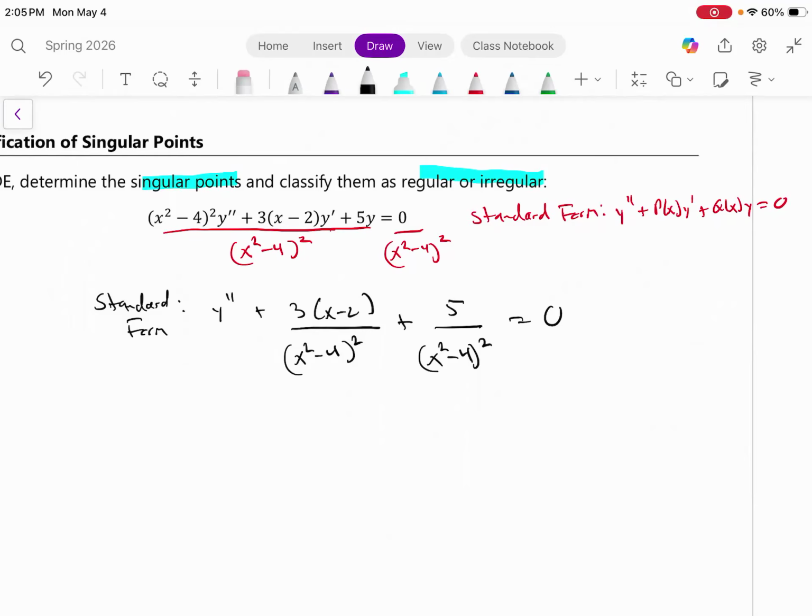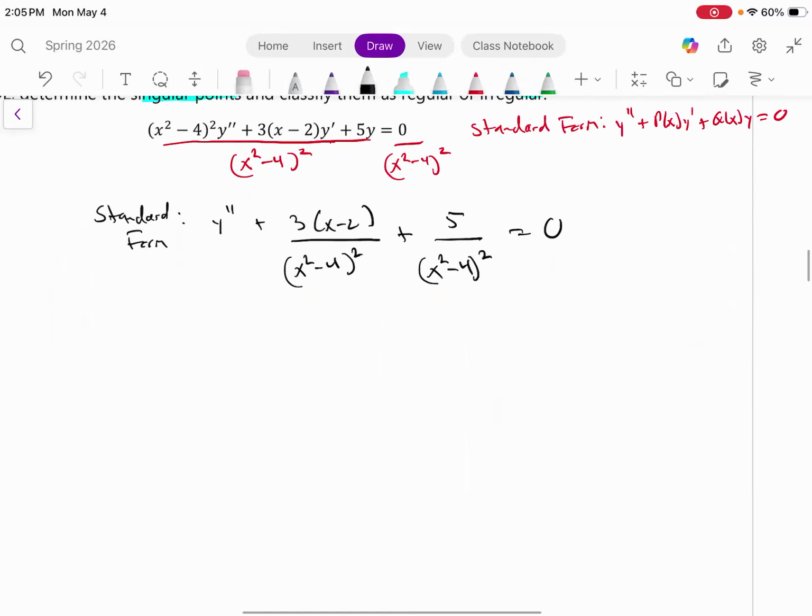Okay, so let's see. We can actually break this down a little bit more. Y double prime plus 3 times x minus 2, well, that x squared minus 4 could be factored into x minus 2 times x plus 2, squared.